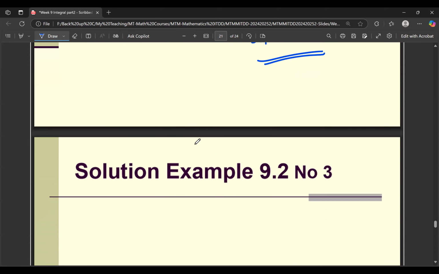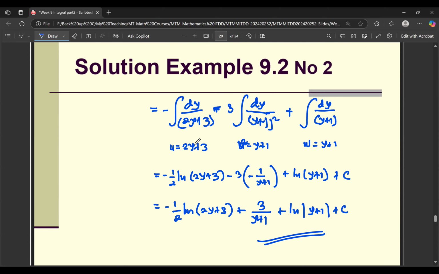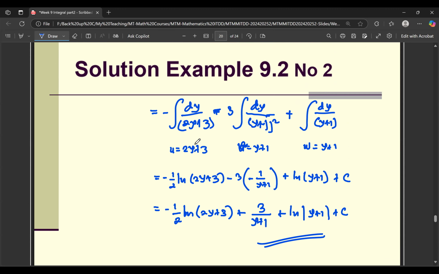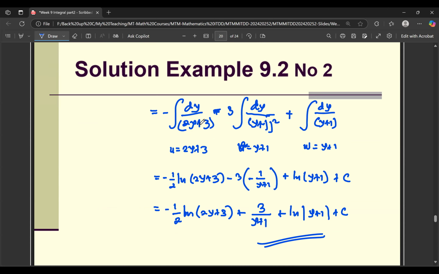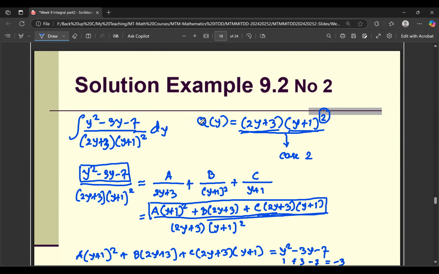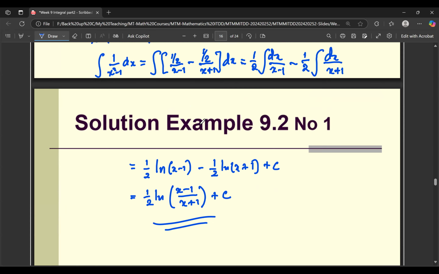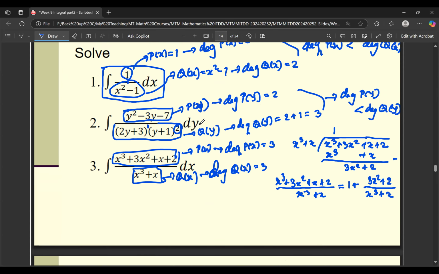Okay, this is the solution of the example of number 2. Okay, let's go to example number 3.